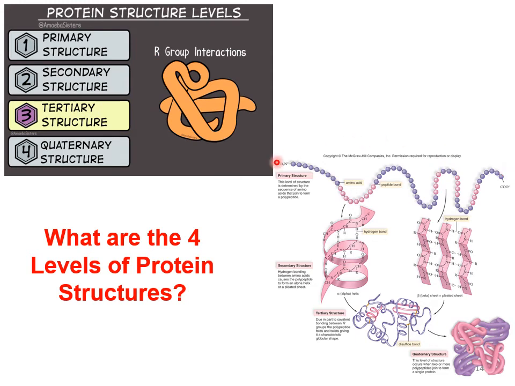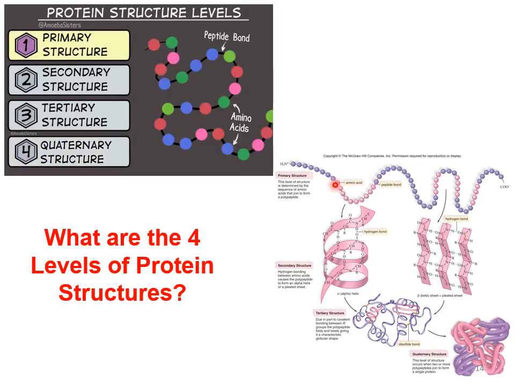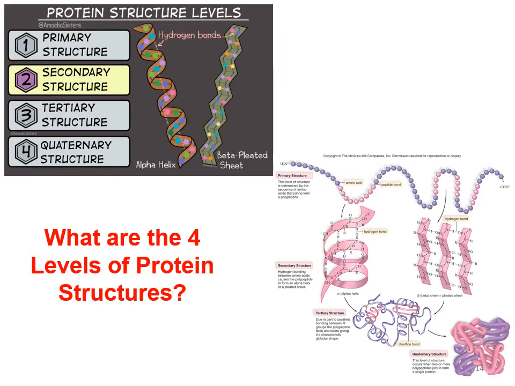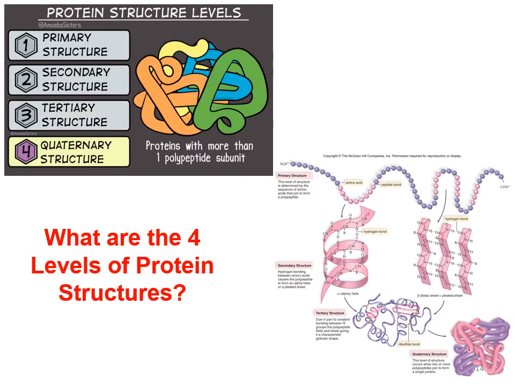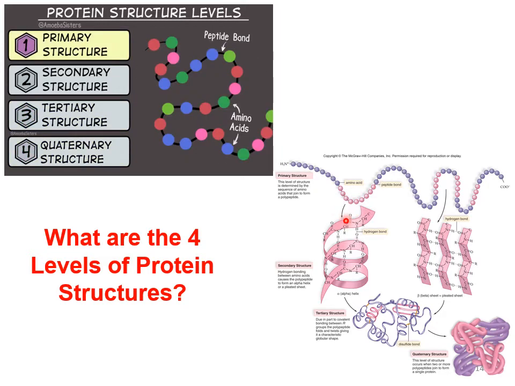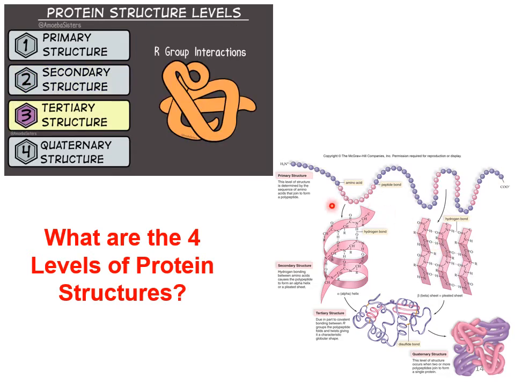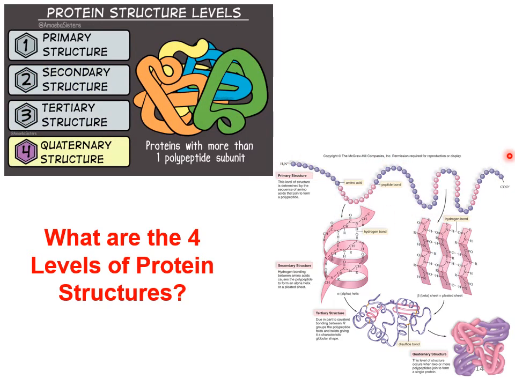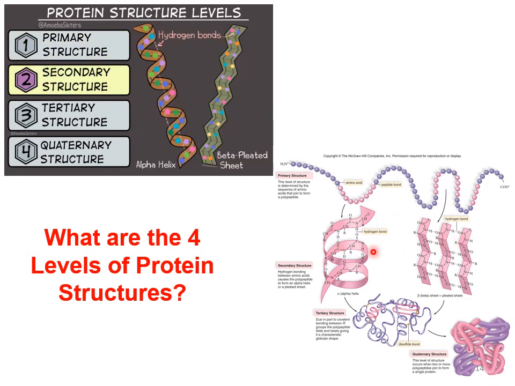When that string of amino acids starts interacting with each other, meaning an amino acid over here starts interacting with one over here, you get the second level of structure, which is a single alpha helix or a single beta sheet, meaning one alpha helix or one beta sheet. That is a secondary structure. What happens is these strings of amino acids are really long. So rather than just having one of each of these, you don't just end up with secondary structure. These guys start interacting with each other.